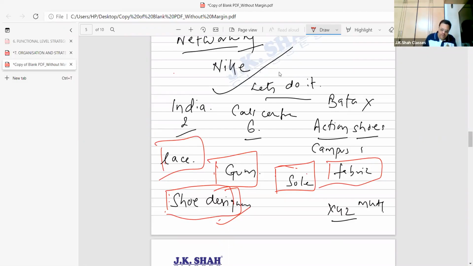I'll coordinate with the shoe designer, with the lace maker, with the gum manufacturer, sole maker, fabric. And then all these things, I will give to Action Shoe and Campus Shoe. They'll make the shoes, and after they make the shoes, I will give it to XYZ, or Action only will give it to XYZ, and they will sell the shoes in the market as if it is made by whom?